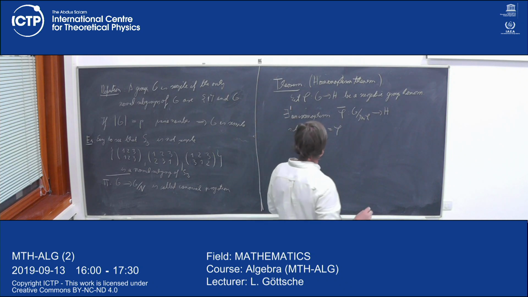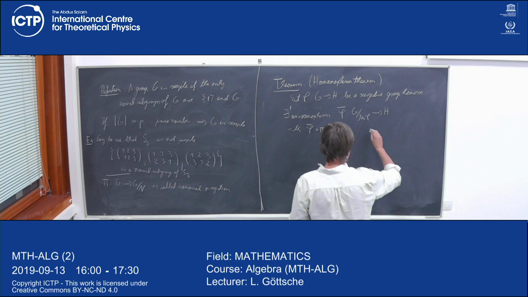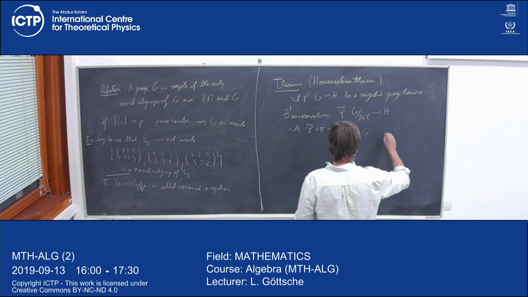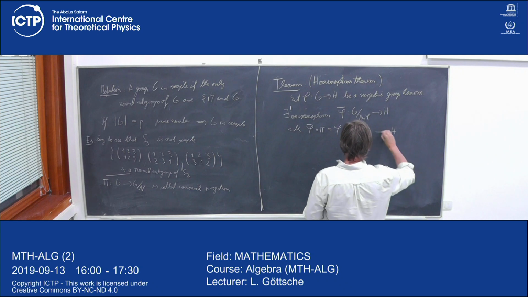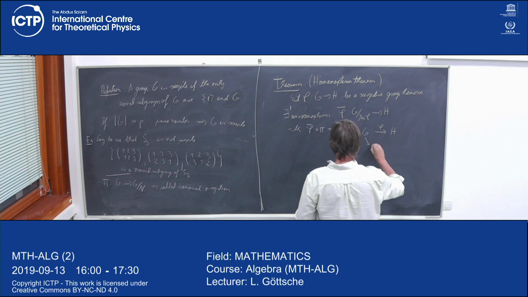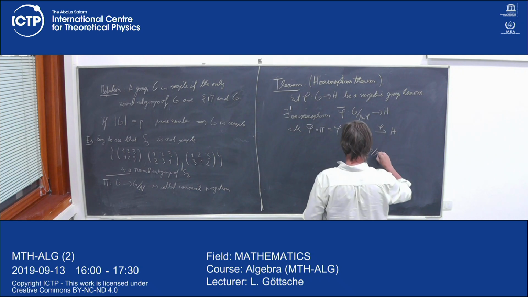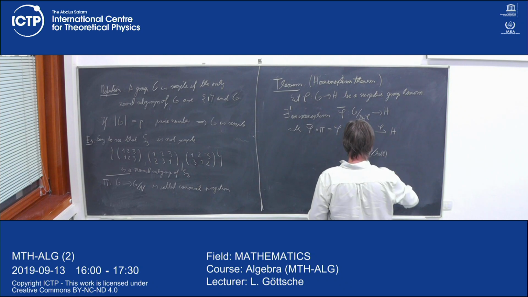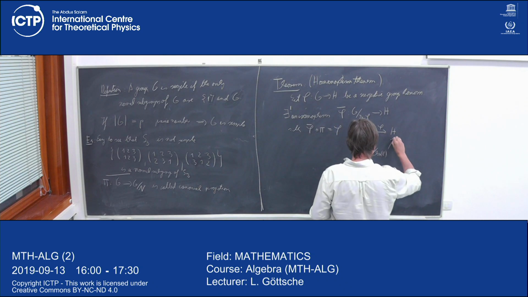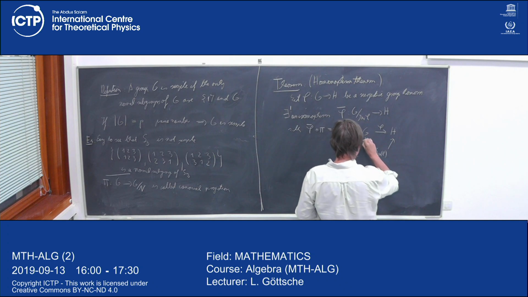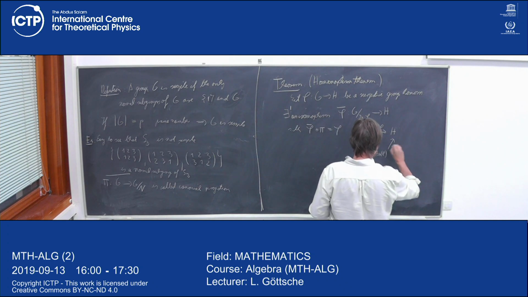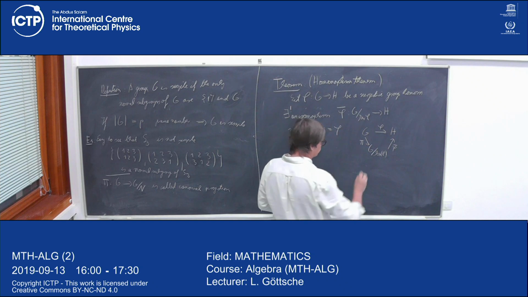If you like diagrams, we have here G, here we have H, here we have G mod the kernel of phi. This is the projection, and this commutes.